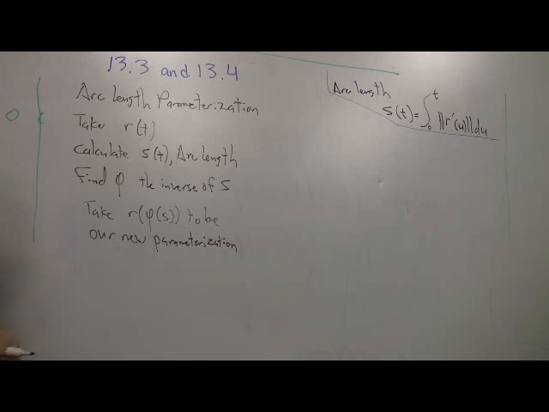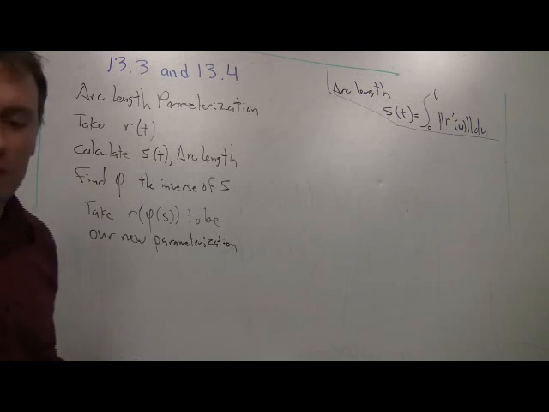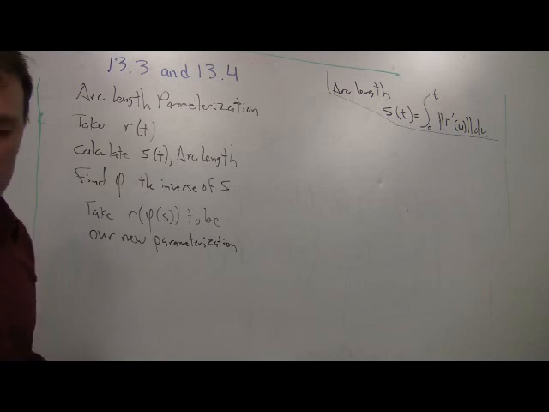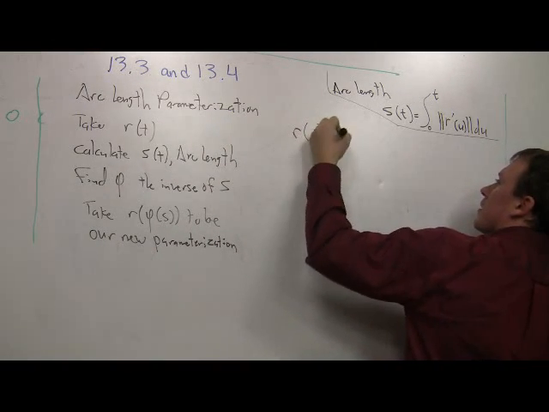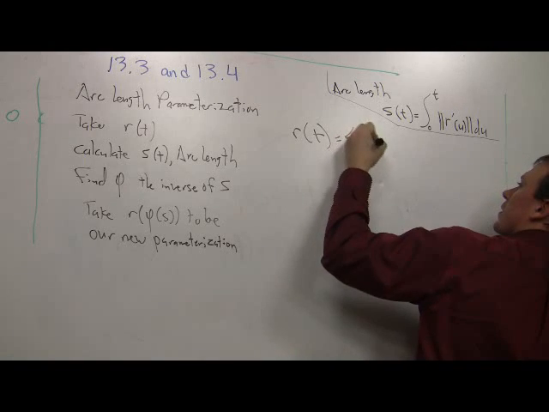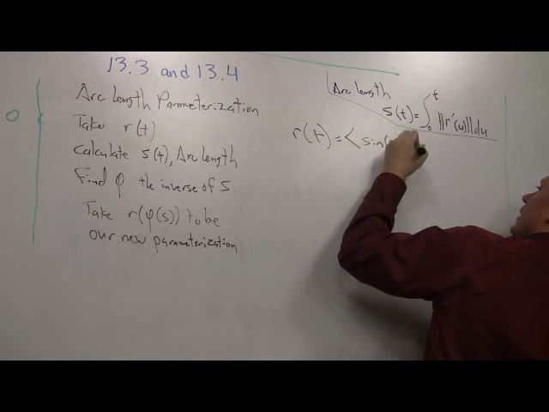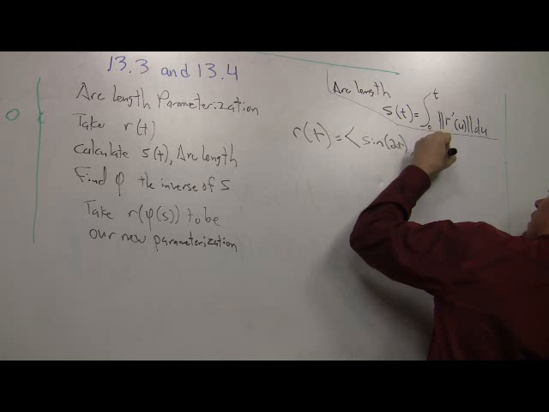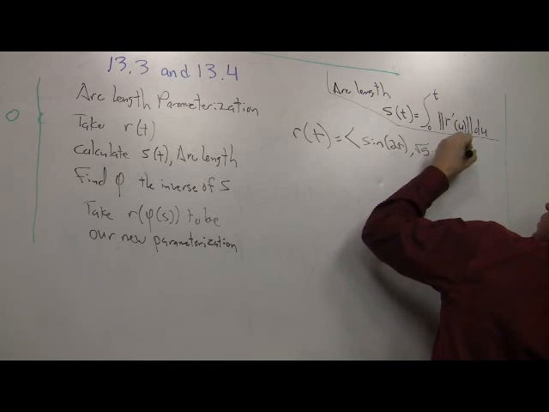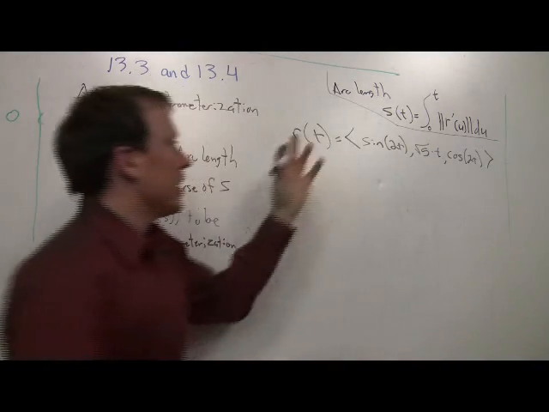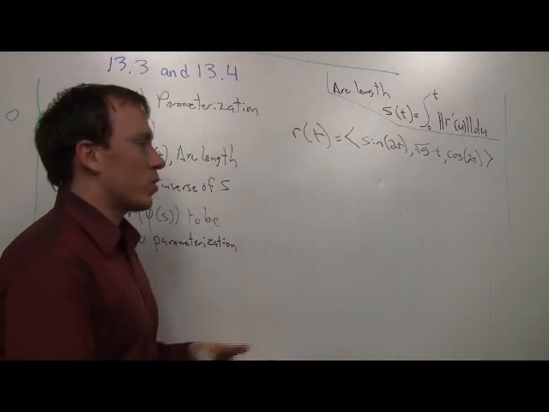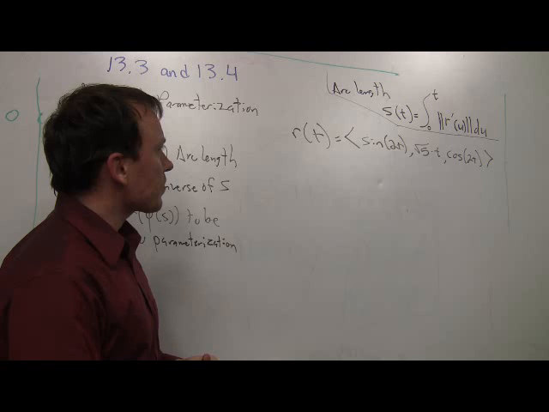So let's do this on an example, one that I've cleverly manipulated to have nice numbers. Let's take our r of t to be sine of 2t, root 5 times t, cosine of 2t. You should probably recognize this as some sort of helix traveling in some direction.